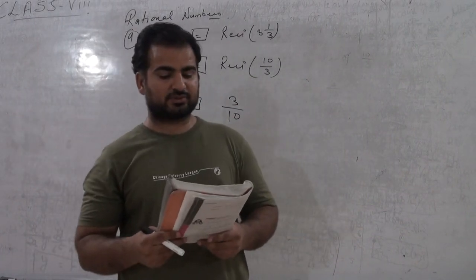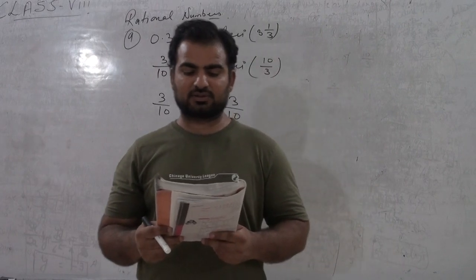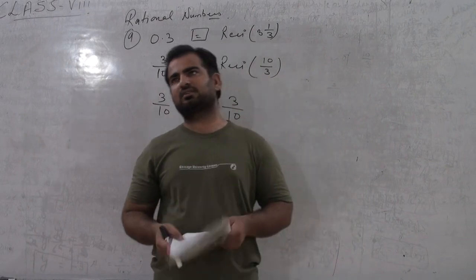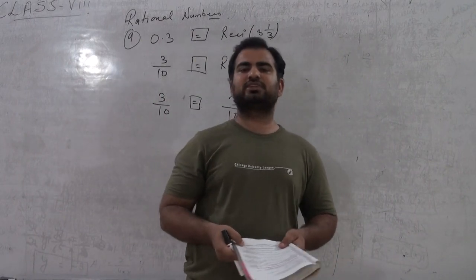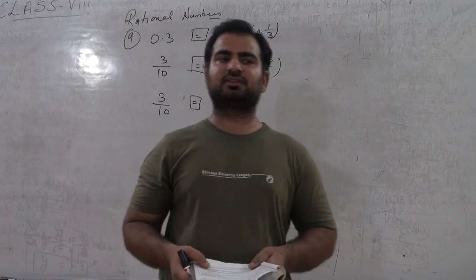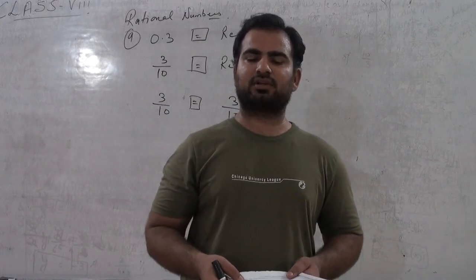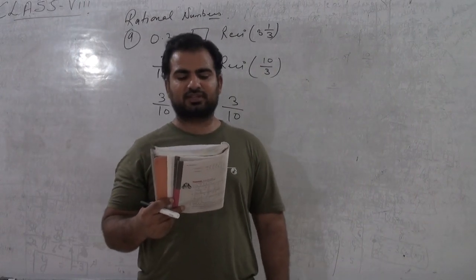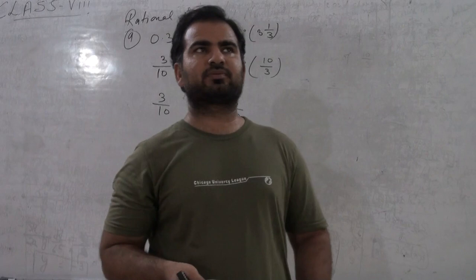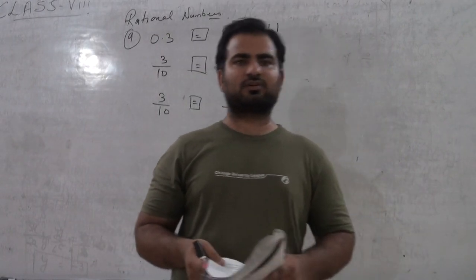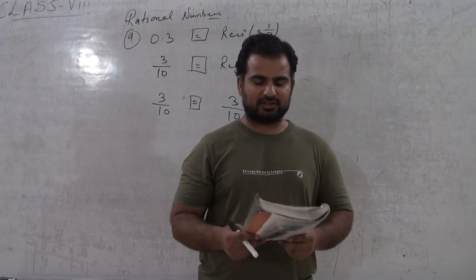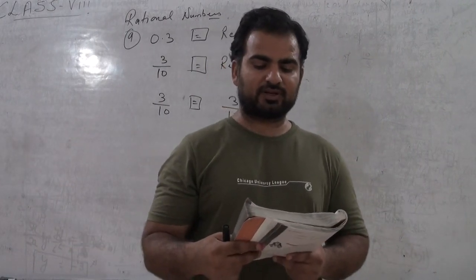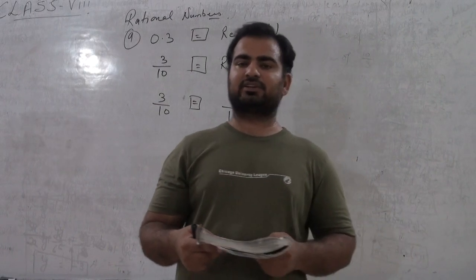Okay class, next is question number 10. The rational number that does not have a reciprocal: 0 doesn't have its reciprocal, because 1 upon 0 will be infinity. Second, the rational numbers that are equal to their reciprocal: the reciprocal of 1 will be 1, and the reciprocal of minus 1 will be minus 1, so 1 and minus 1.